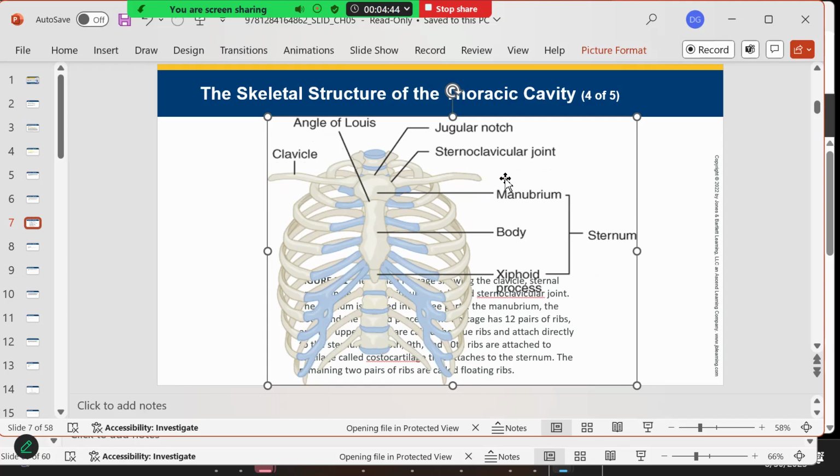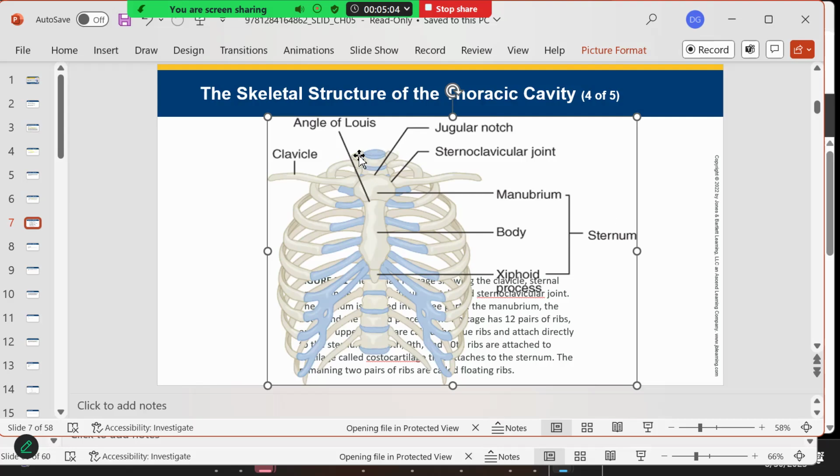Clavicles. Some of you may have managed to break a collarbone growing up. I did. Painful, but heals. It's just a bone that's in a very exposed location and easy to break. Jugular notch right at the very top of the manubrium.